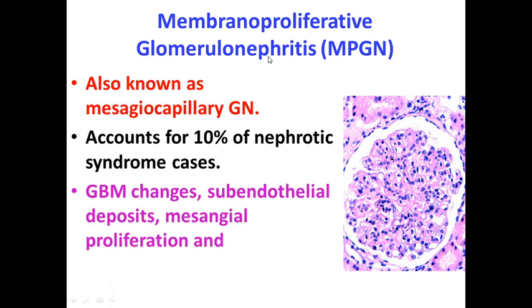In membranoproliferative glomerulonephritis, you find glomerular membrane change, subendothelial deposits, mesangial proliferation, and leukocyte infiltration. So the whole picture is membrane thickening as well as proliferation of the cells.